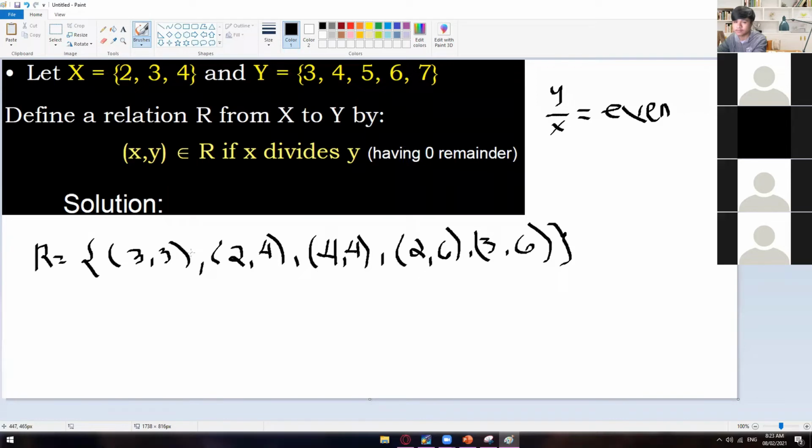Yes, sir. All right. So again, the first thing that you need to look at is this arrangement of your coordinates. So x first, followed by the y, and then whatever is the second condition, wherein we have here y divided by x having a 0 remainder.